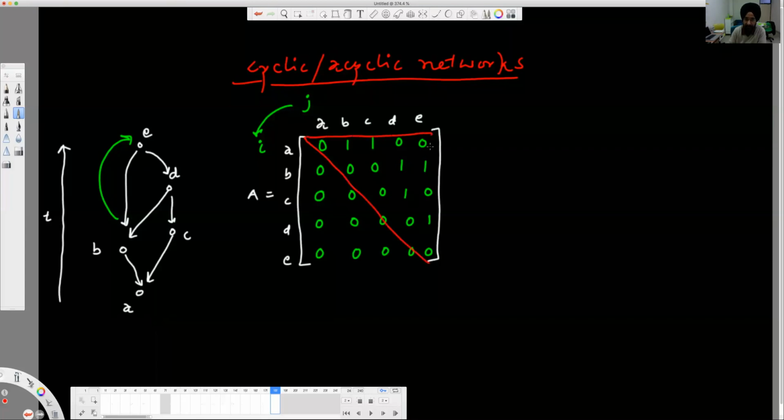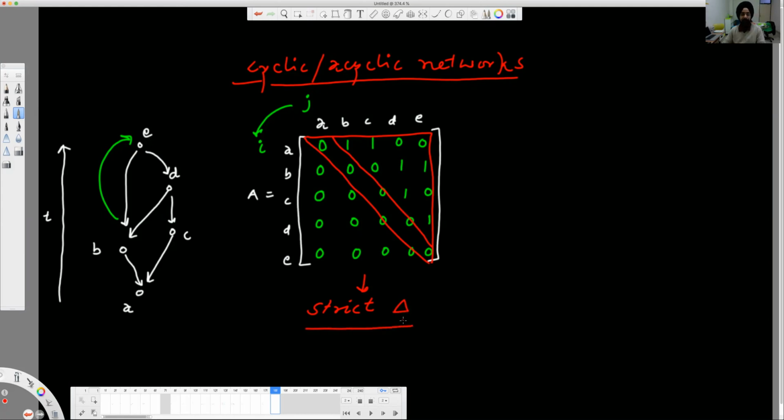It's a triangular matrix. What else? Well, the diagonal is also 0, right? So this is a strictly triangular matrix. A triangular matrix is called strictly triangular when the diagonal is also 0. Okay.